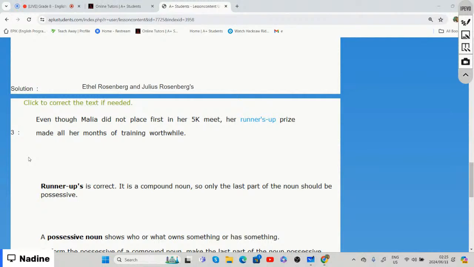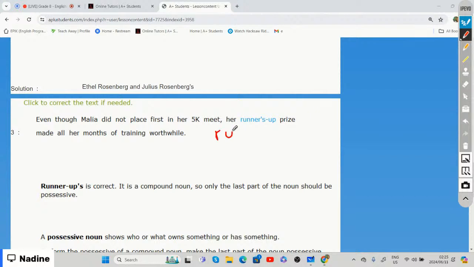If we correct this possessive, then we say that even though Malia did not place first in her 5K meet, her runner-up's prize, which means that she got a prize for being runner-up. So her runner-up's prize.